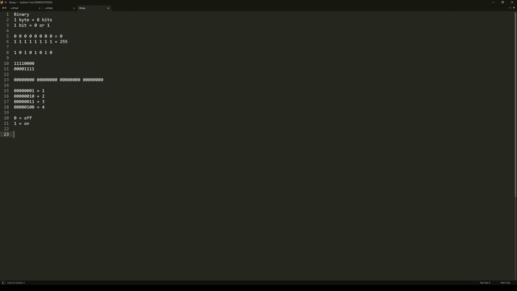So when you have a 1 in one of these positions, that will be considered on. When you have a 0, it will be considered off. This is base 2, so because it's binary, there's only a 0 and 1, so it's base 2 since there's only 2 values. And that means, so I'm going to actually make this a little bit easier. So instead of having one full byte, we'll do just 4 bits. So we'll have 0, 0, 0, 0.